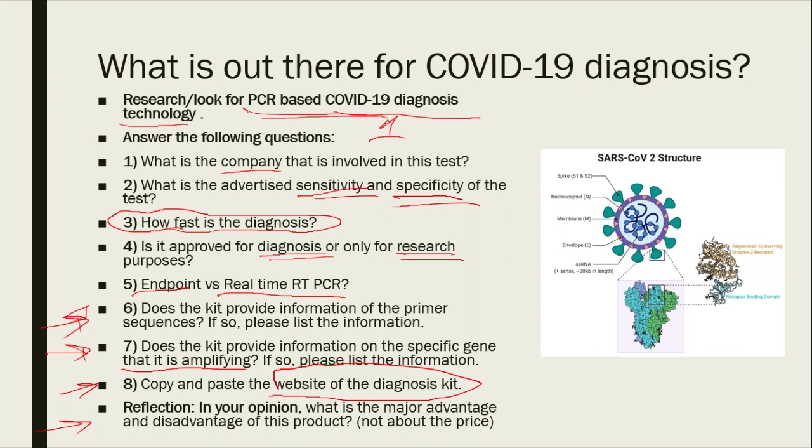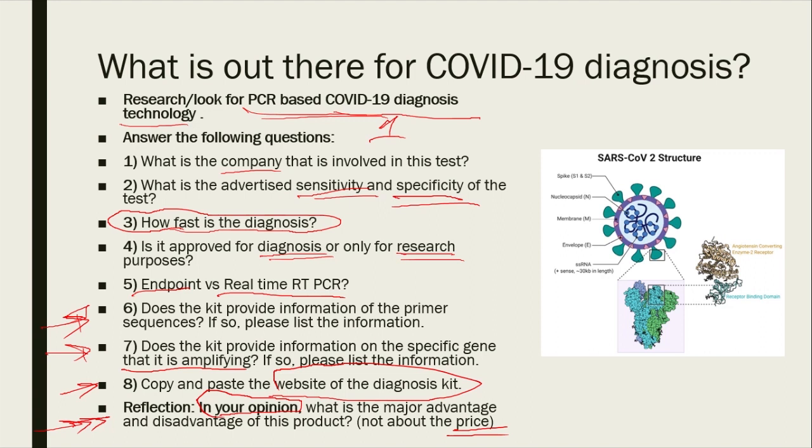Now, the last one, reflections. In your opinion, this is an opinionated question, really to make you think a little bit. What is the major advantage or disadvantage of the product that you find? Not about the price. Someone will tell you this box of kit is $120 and it can process 30 samples. We're not talking about price.